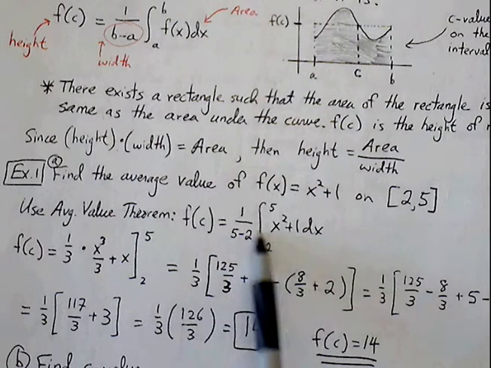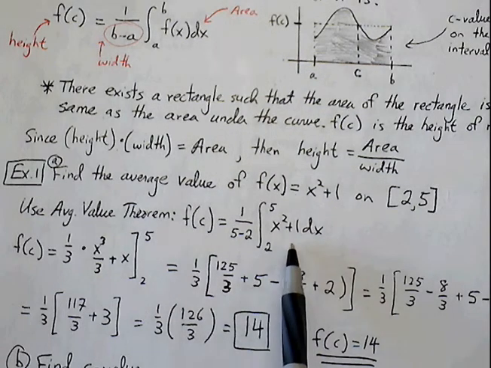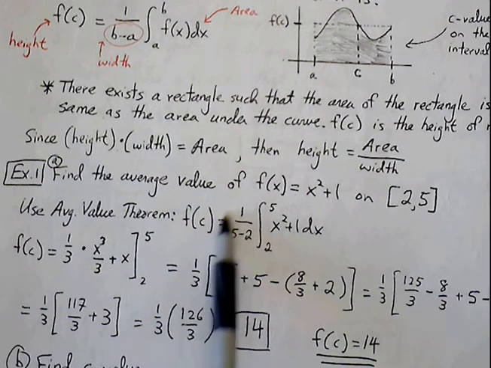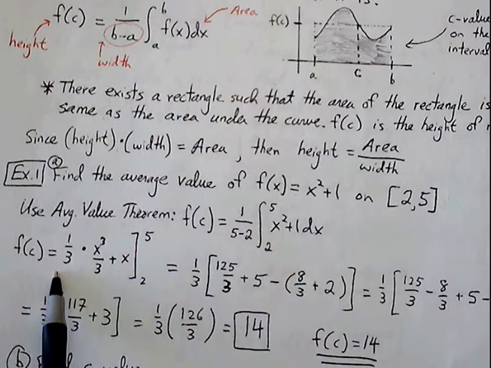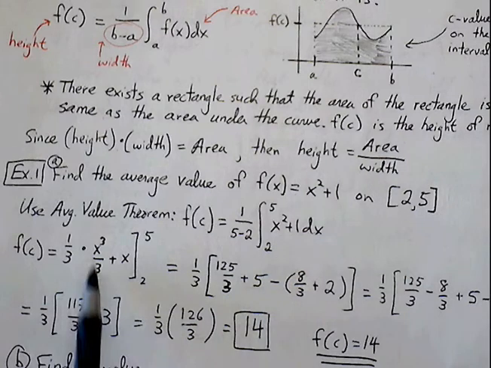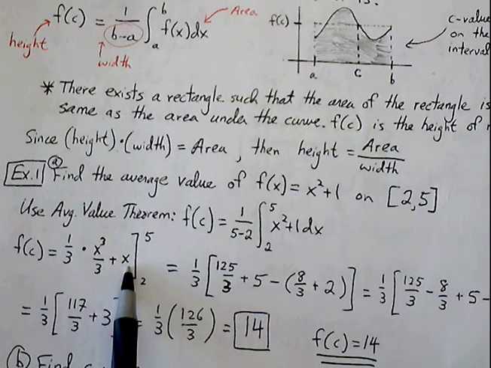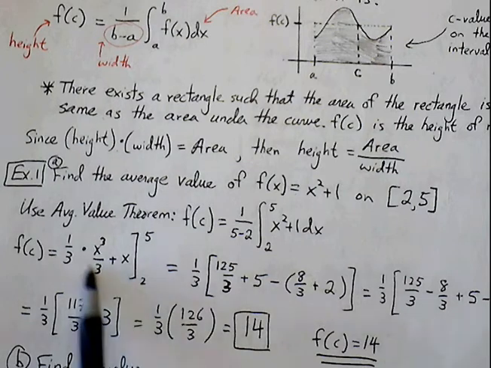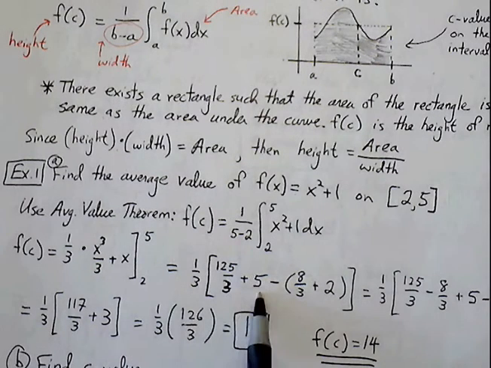We go through our integral rule that we know with the power rule. So 1/3 is the coefficient that's produced by the width, and then we go through the power rule: x cubed over 3 plus x, evaluated between our upper and lower bounds. Plug 5 in for x, we get 125 over 3 plus 5. So this is F of b minus F of a.